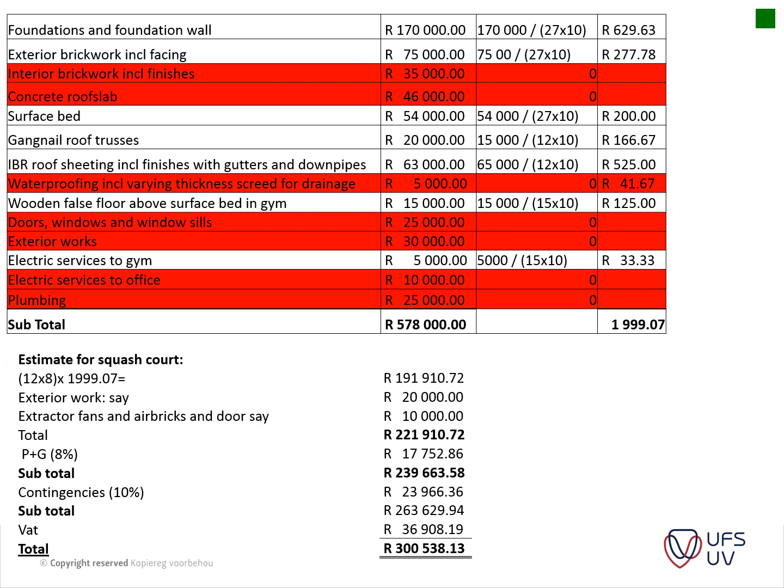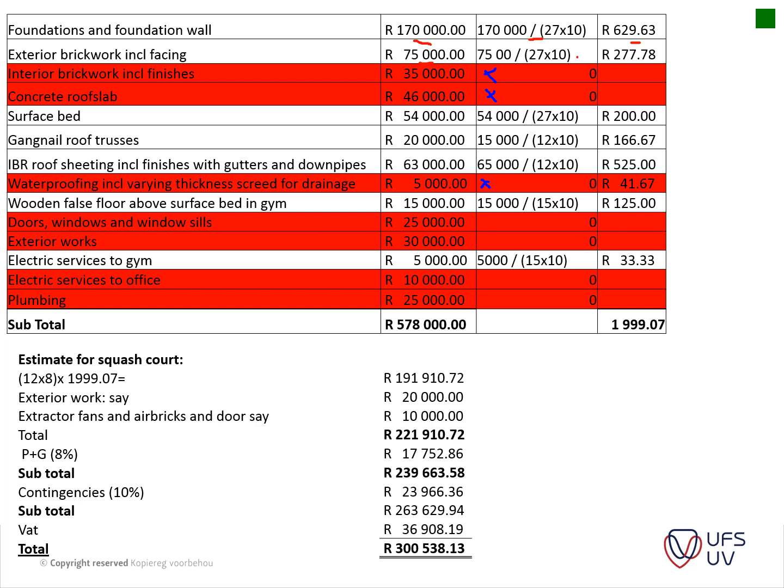Okay, so what happened here is you take out the items which are applicable to the project. You look at what the rate per square meter is, and the exterior brick walls you use, you can see that's the same. You didn't have interior brick walls, so you could leave that out. Same with your concrete slabs, you didn't use that. Your waterproofing was also not included.